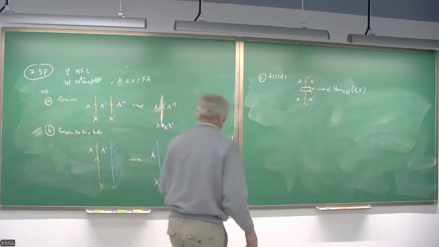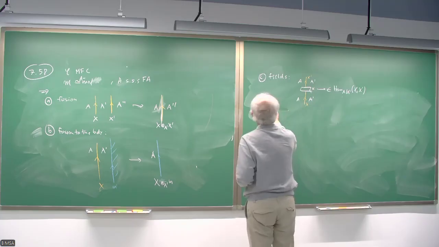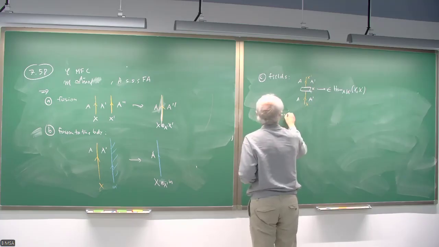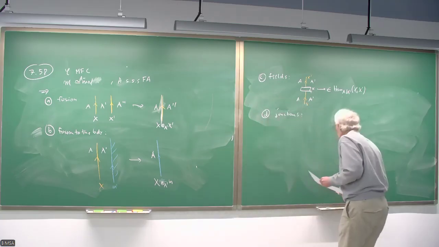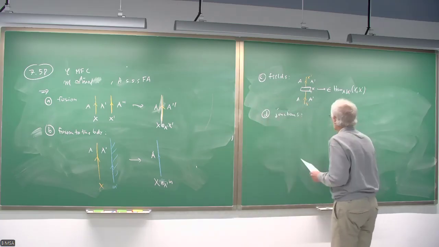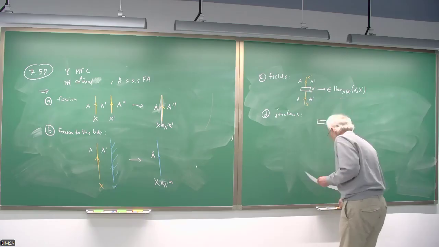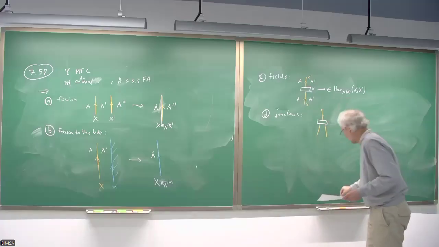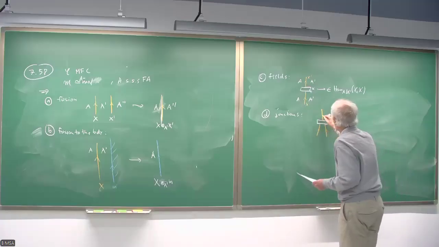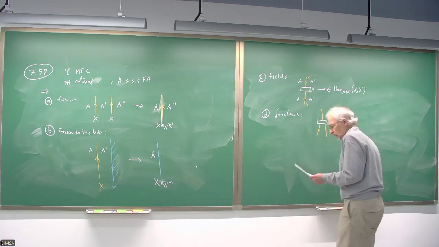Then I can look at defect junctions. So I have more generally the relation that I have, say, two or several defects coming in, one coming out.